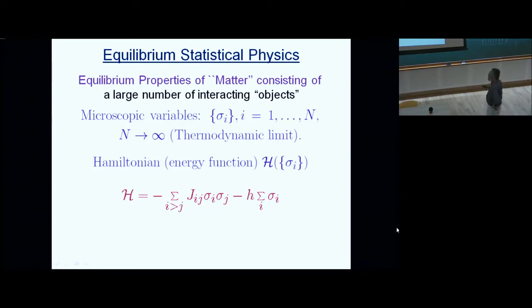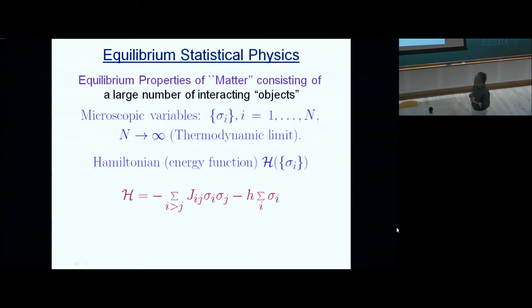And then from that, one tries to deduce certain thermodynamic properties, which are bulk properties of the system when it is in thermodynamic equilibrium. Equilibrium means certain external parameters are held fixed, like temperature, pressure, and so on, and the system is evolving under those fixed values of those parameters.